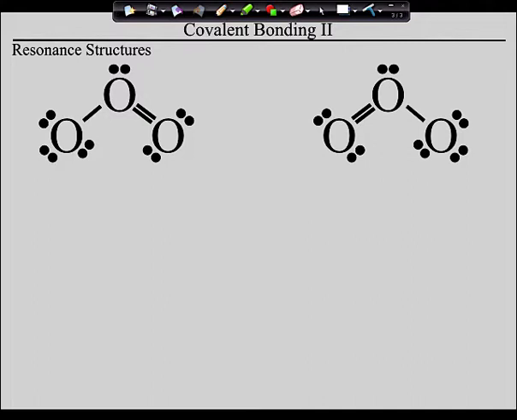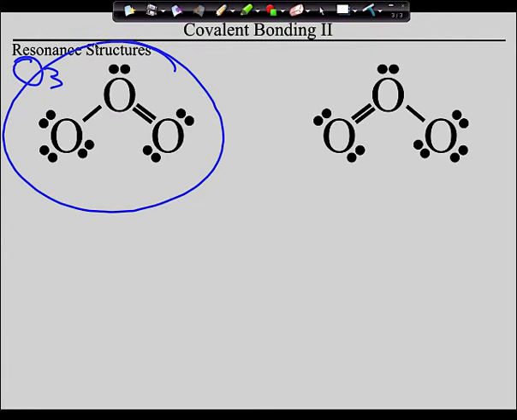If you saw a question on an AP test, not necessarily ozone, because a lot of molecules do this, that said, draw the structure of ozone, and they told you that ozone is O3, they wouldn't expect you to memorize that.